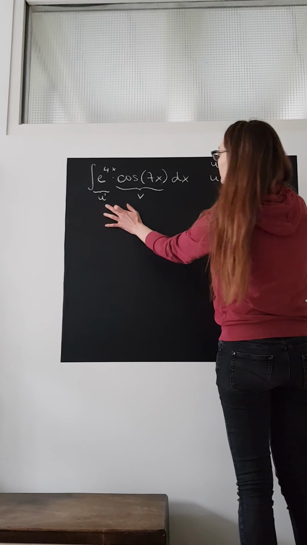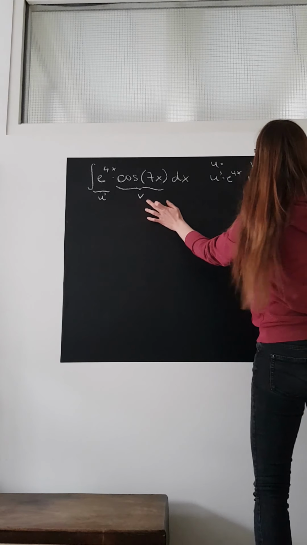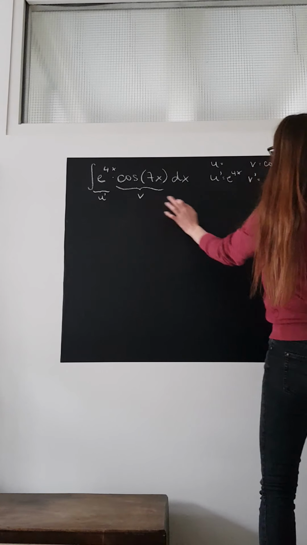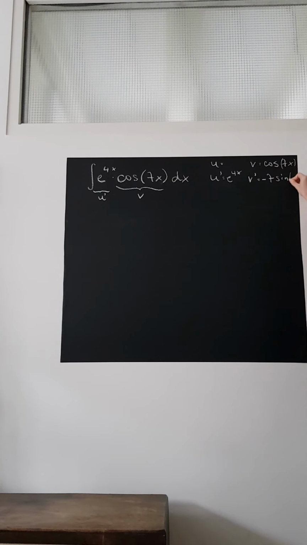So u prime is e to the 4x, v is cosine 7x. Now its derivative is minus 7 sine 7x. Oops.